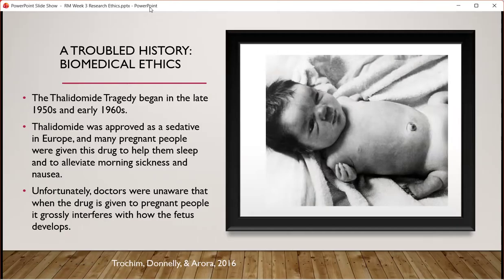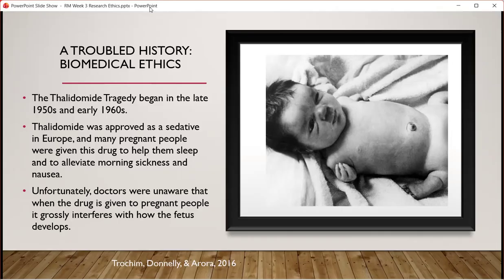Again, we'll shift focus here and look more at Europe and the thalidomide tragedy that began in the late 1950s and early 1960s. Thalidomide was developed by a pharmaceutical company in Germany in the mid 50s, and it was found that as a sedative, it was super helpful to pregnant people to help them sleep and also to alleviate morning sickness and nausea.